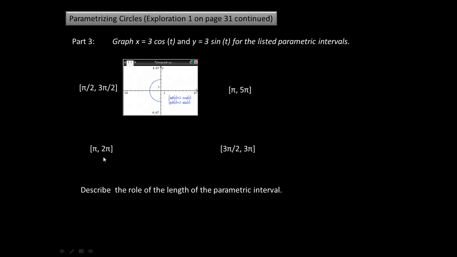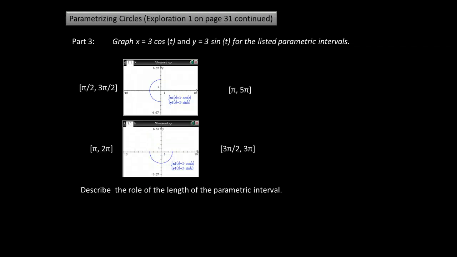We're going to graph that same function, but with a t interval of pi to 2 pi. So again, we should expect half of a circle because the length of our interval is only pi. So there's the half of the circle, but now it's the bottom half. And let's see, from pi to 5 pi, that's a t interval length of 4 pi.